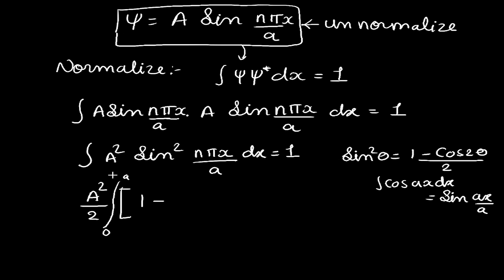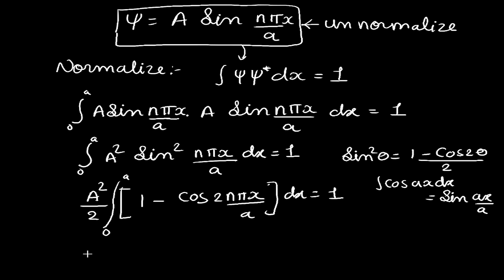Okay, the limit of integration will be between 0 to a, because that is the length of the box. So we will have 1 minus cos 2n pi x by a into dx, and that is equal to 1.